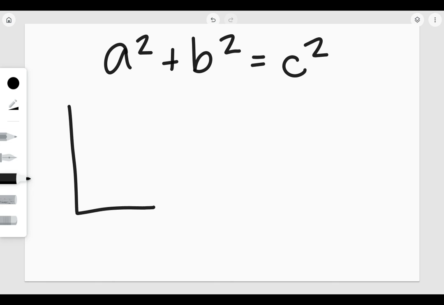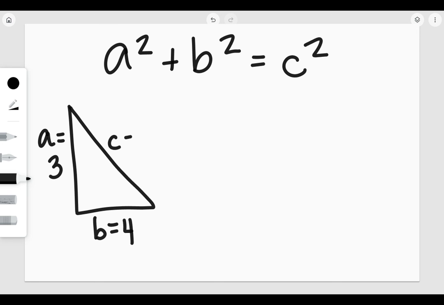I'm going to draw a right triangle with side A equaling 3, side B equaling 4, and side C, the hypotenuse, equaling 5. And remember, if I don't give you a unit of measure, like inches or centimeters, then we just call it units.